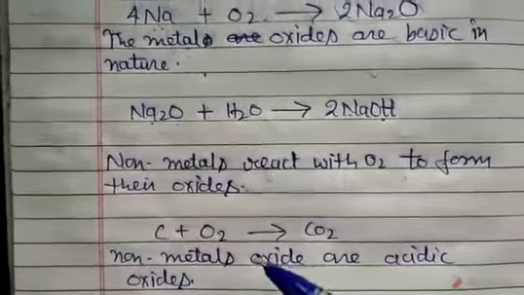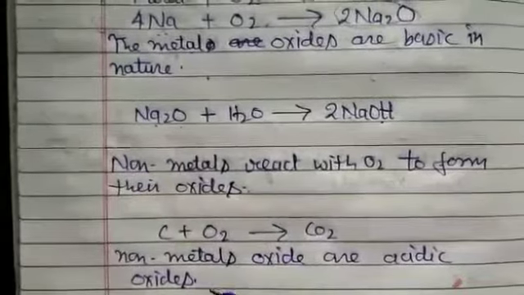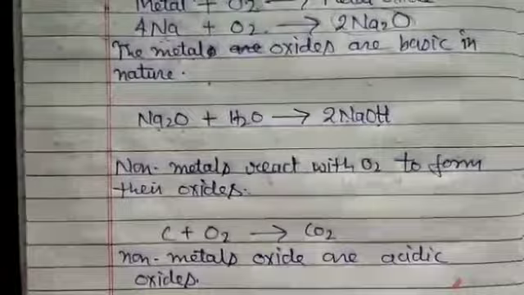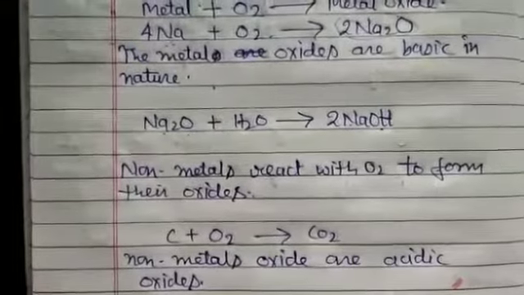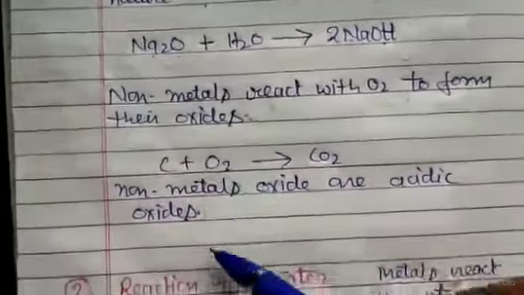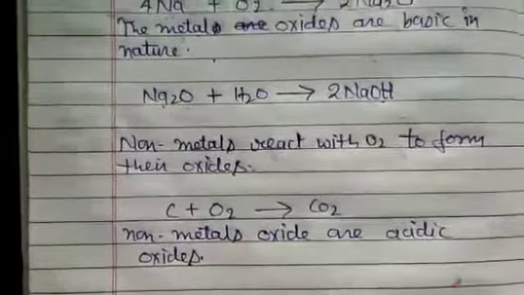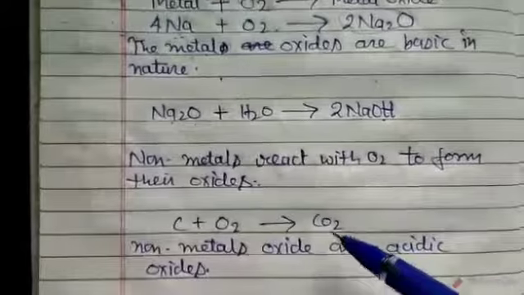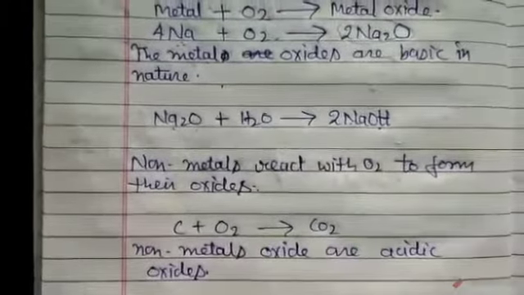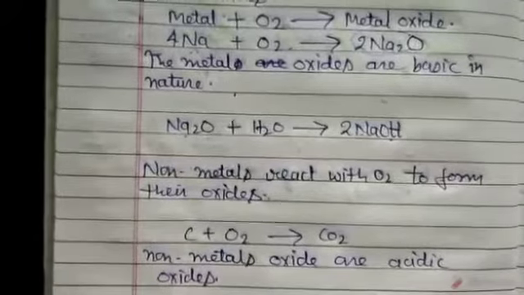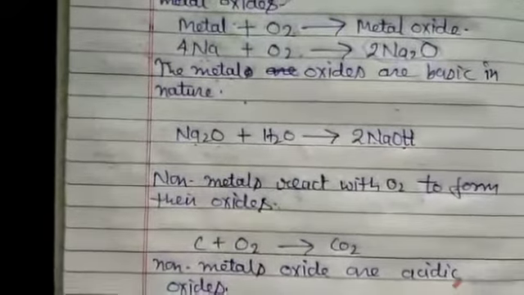It means these oxides, when dissolved in water, form acids which turn blue litmus red. If we mix it with water, it will change color. So blue litmus paper converts into red litmus paper.